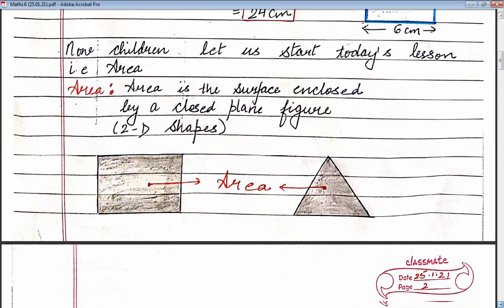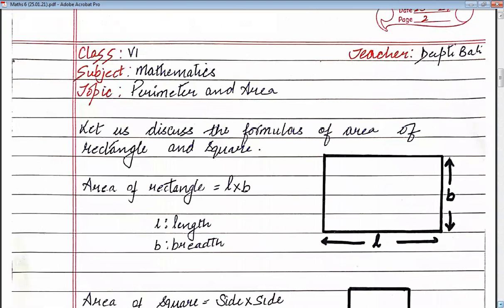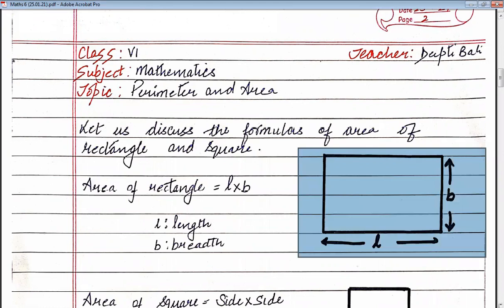Now, children, let us discuss the formula of area of rectangle and square. You can see that this is your rectangle. In a rectangle, this one is considered to be the length, and this is your breadth.